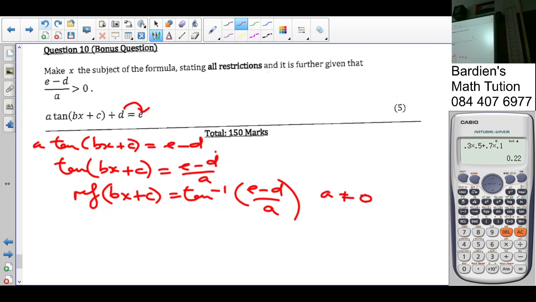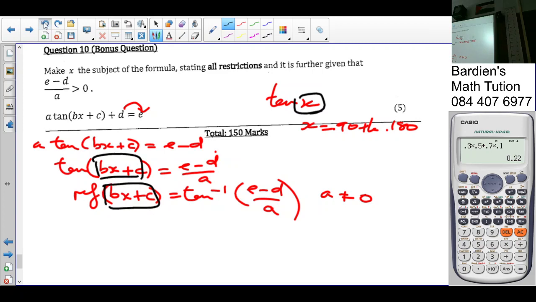Also we know at this point that we have an asymptote. The asymptote for the normal tan x graph is x equal to 90 plus k times 180. So what's your x value here? In x's place, I have bx plus c. So bx plus c is equal to 90 plus k times 180.